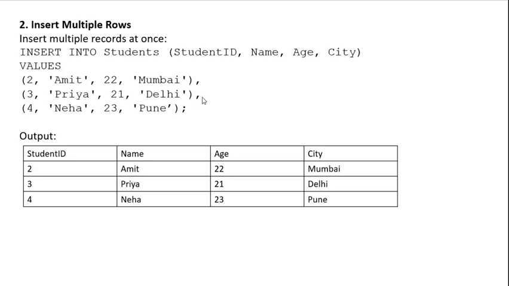Close the bracket and a comma. After that, another row in brackets, the fourth, with Neha, age 23 and city Pune, and close the bracket. Write another row the same way with a comma, and after the last bracket is complete, add a semicolon. The output is that many rows are inserted at one time into the table.